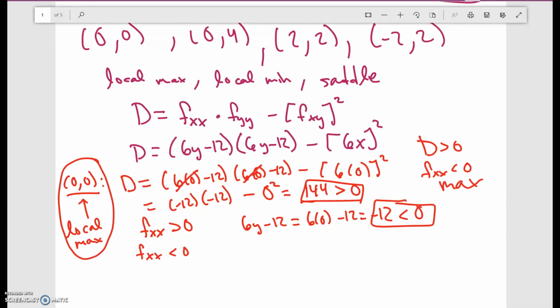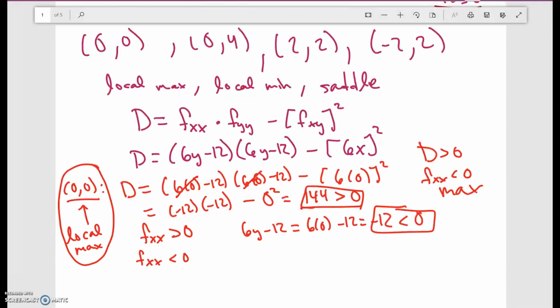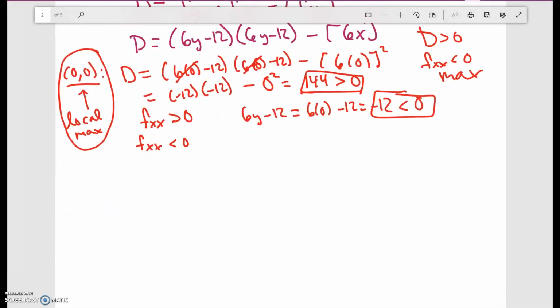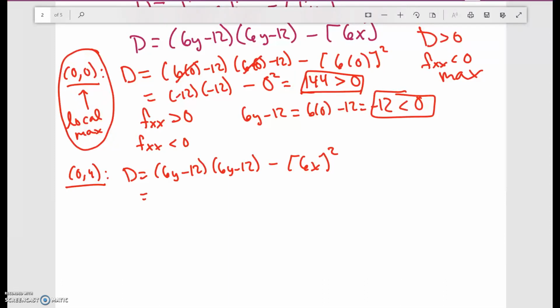Okay, now we've got to do the next one, (0, 4). So D is equal to 6y minus 12, times 6y minus 12, minus 6x whole quantity squared. Let's plug in (0, 4).